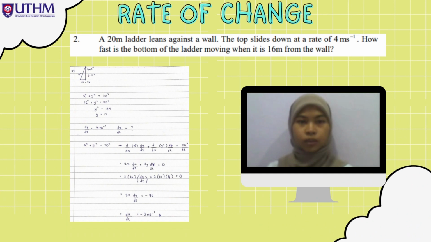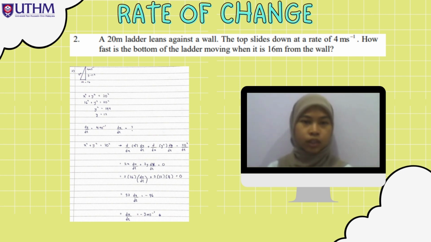For question 2, a 20-meter ladder leans against the wall. The top slides down at a rate of 4 m per minute. How fast is the bottom of the ladder moving when it is 16 meters from the wall? For this question, we can use the Pythagorean theorem to create an equation.